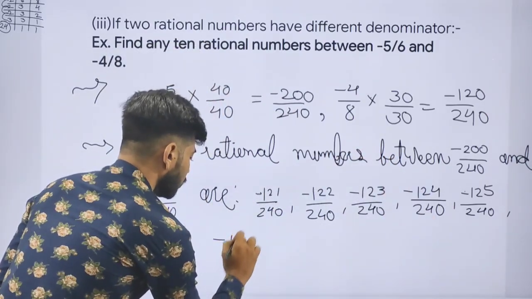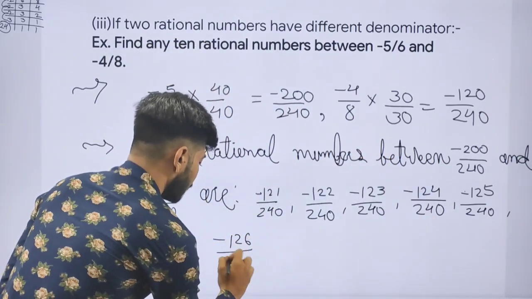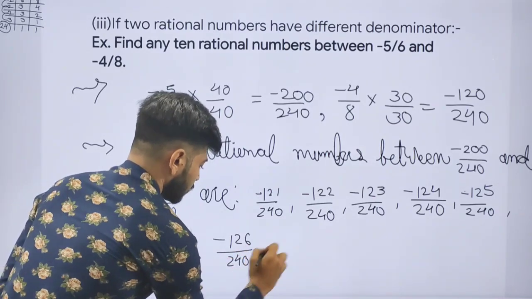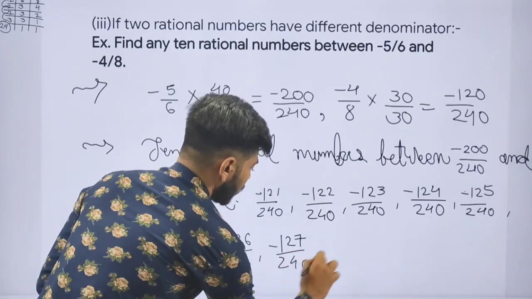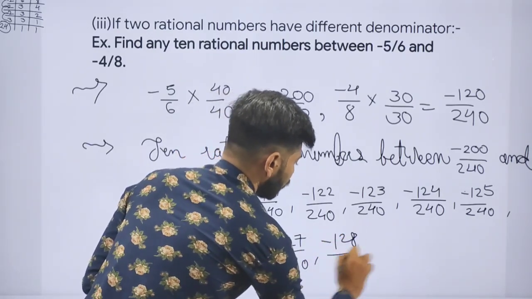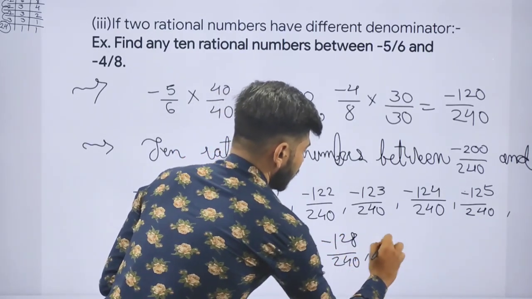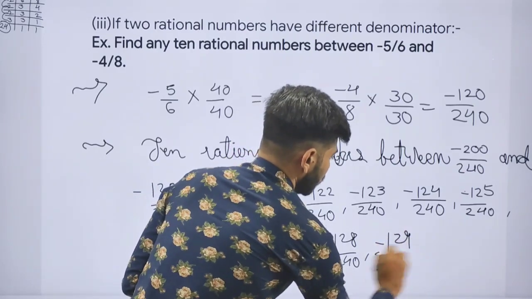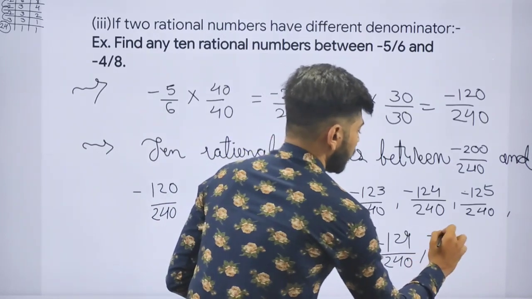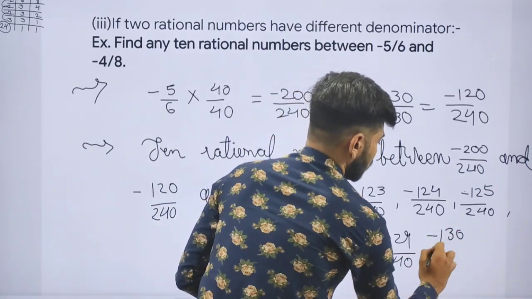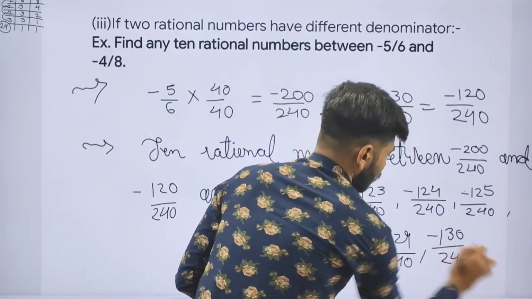We need 5 more. Minus 127 upon 240, minus 128 upon 240, minus 129 upon 240, and minus 130 upon 240.